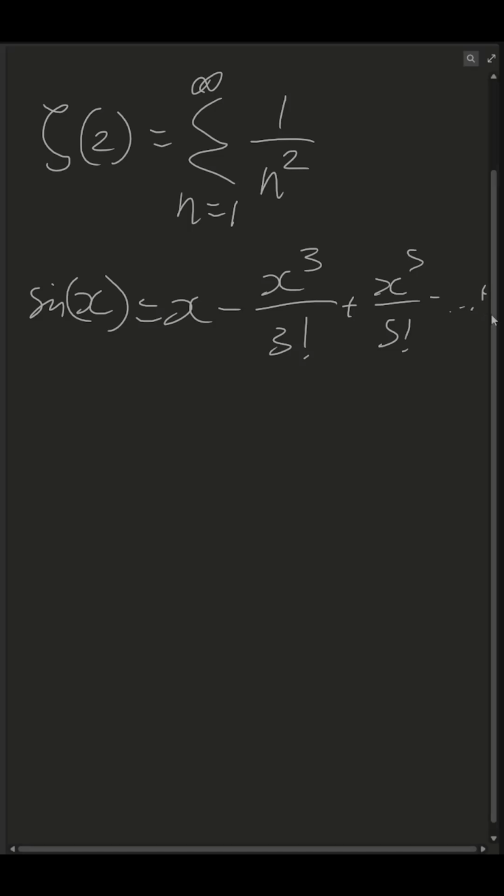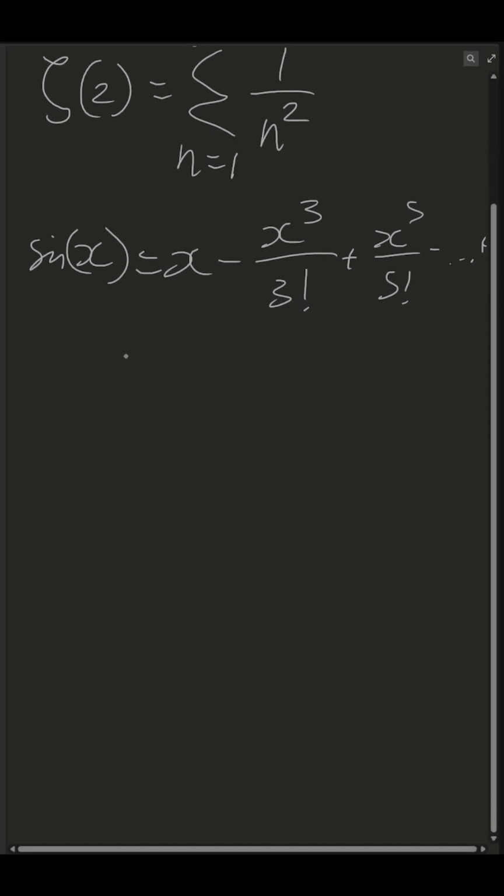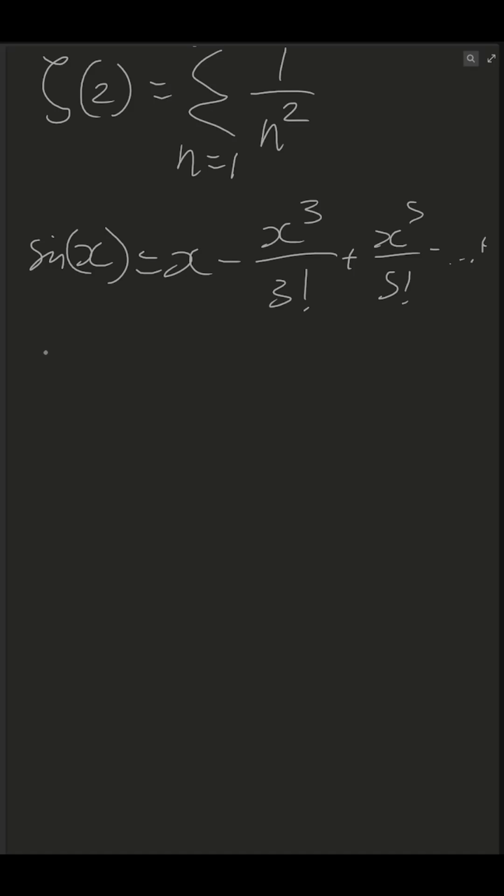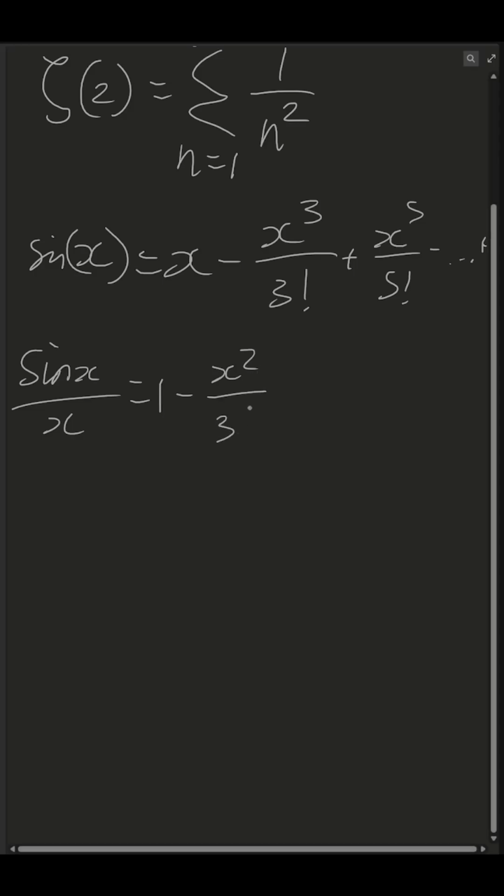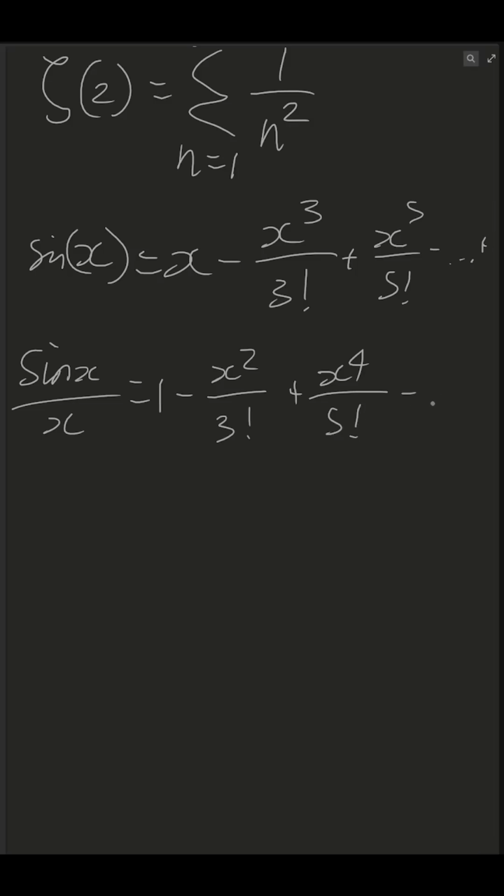It goes on for a while. Now we can divide both sides by x, so that becomes sine x over x, and now we instead get 1 minus x squared over 3 factorial, not 2 factorial, 3 factorial, plus x to the 4 over 5 factorial minus dot dot dot. And that's very wonderful.